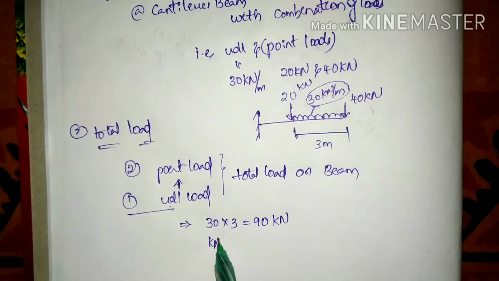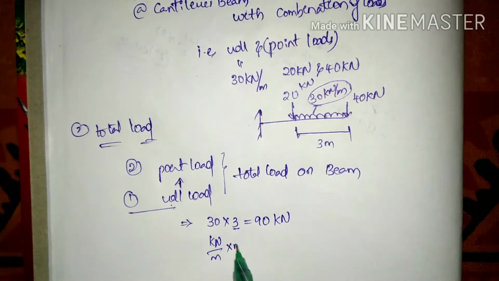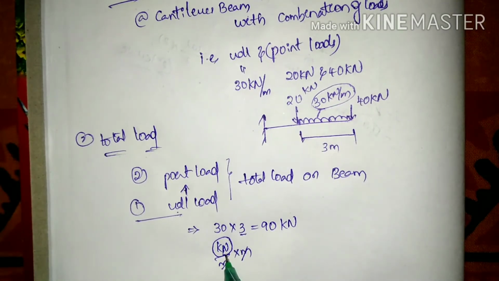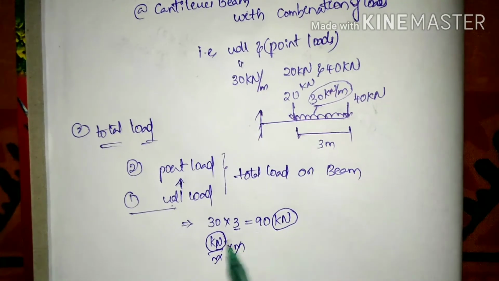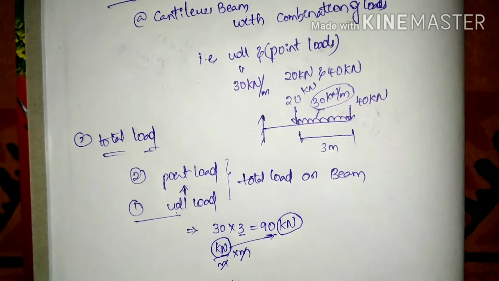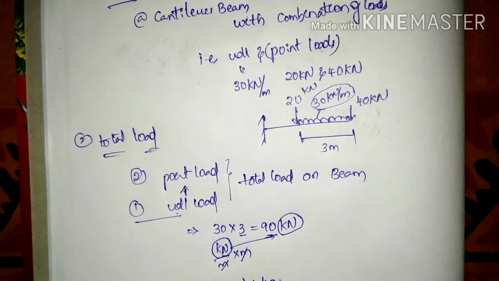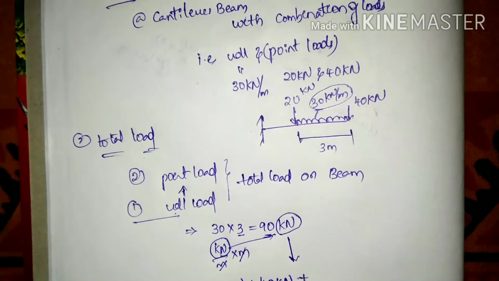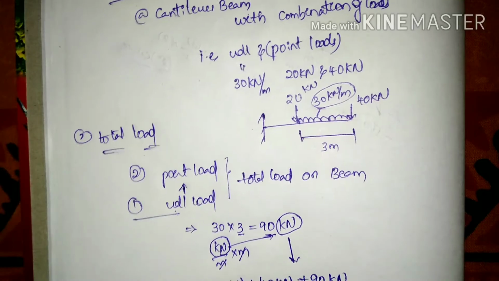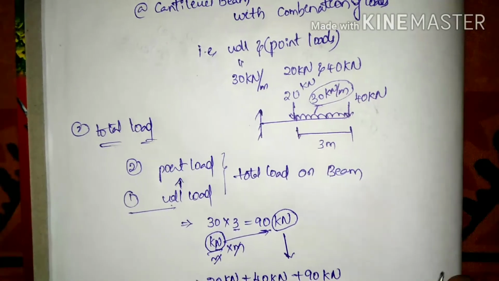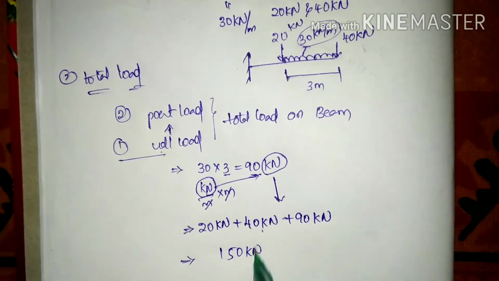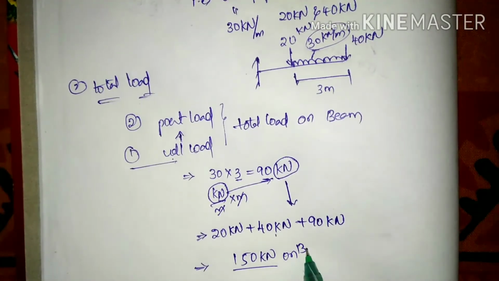Here 30 is in kilonewton per meter and 3 is in meters, so the meter cancels, and we remain with kilonewtons. And next, the other loads are 20 kilonewton plus 40 kilonewtons, and this is 90 kilonewtons. We are getting a total of 150 kilonewtons on beam.